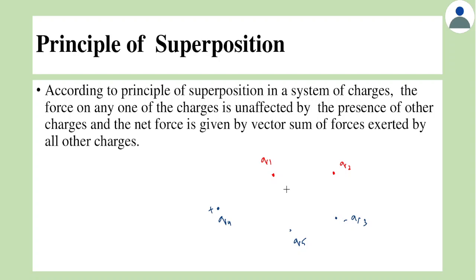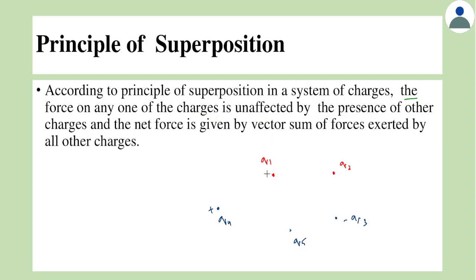To define this, it says, according to the principle of superposition, in a system of charges, the force on any one of the charges is unaffected by the presence of other charges, and the net force is given by the vector sum of forces exerted by all other charges.